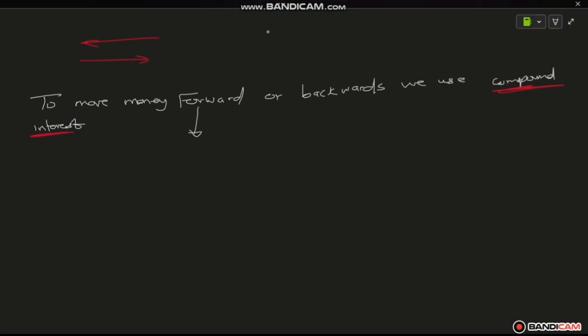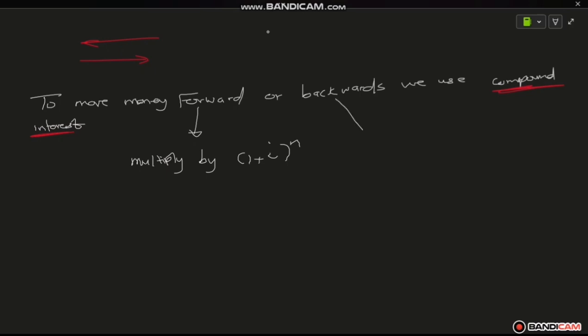So to move money forward, you multiply that money by the factor 1 plus interest rate to the power positive n. That's forward.